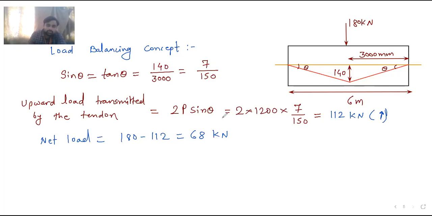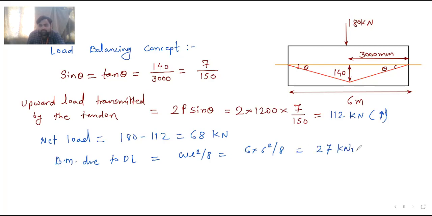So now here net load is 68. So I will calculate the bending moment due to dead load, which we have already calculated. It is WL square by 8, 6 into 6 square by 8, 27 something. The answer was there. Please check it.